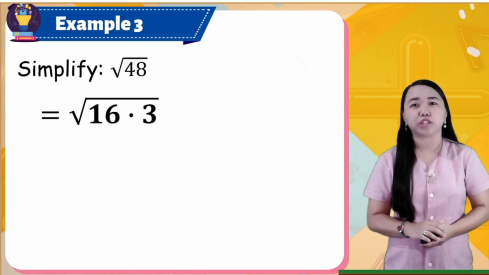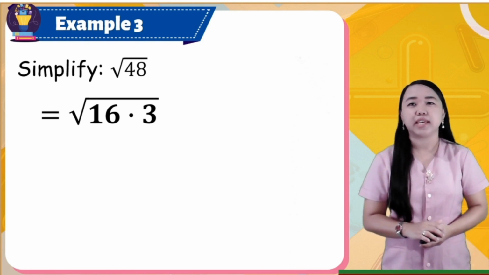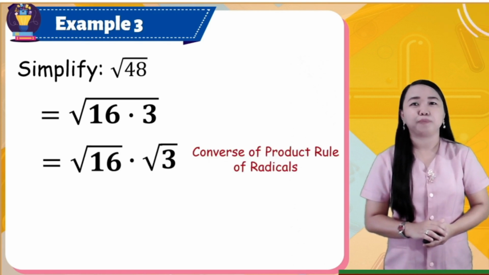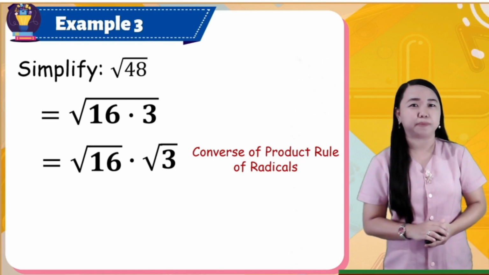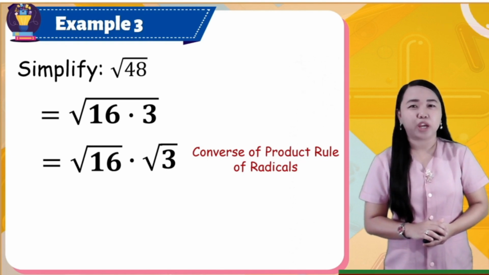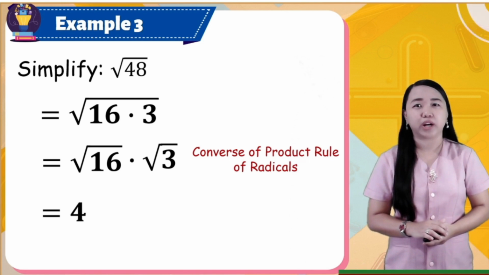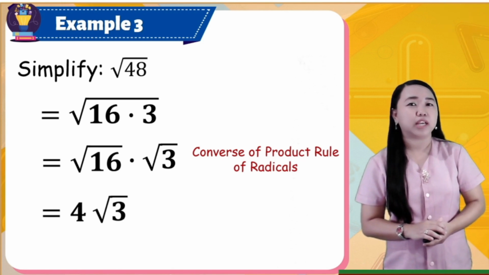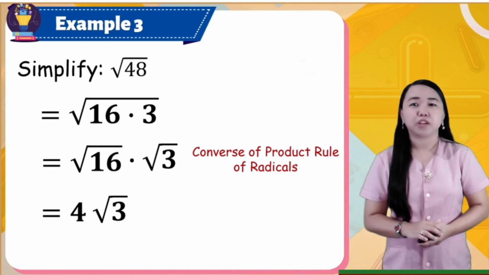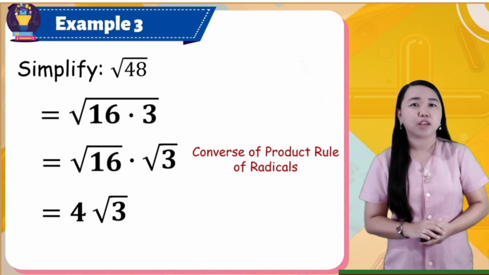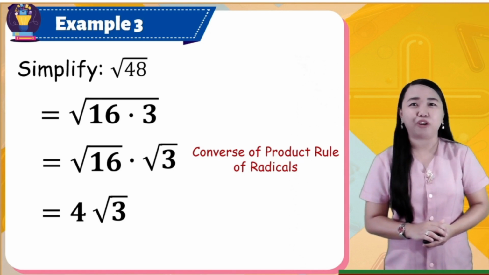Applying the converse of the product rule of radicals, it can be written as square root of 16 times square root of 3. Square root of 16 is 4, and square root of 3 is already in simplest form. Therefore, the simplest form is 4 square root of 3.